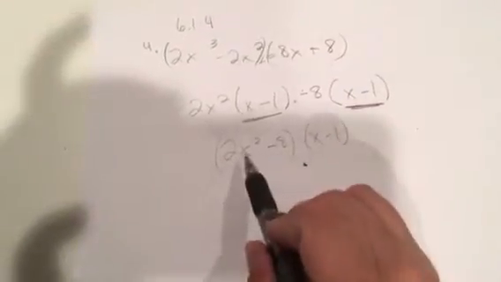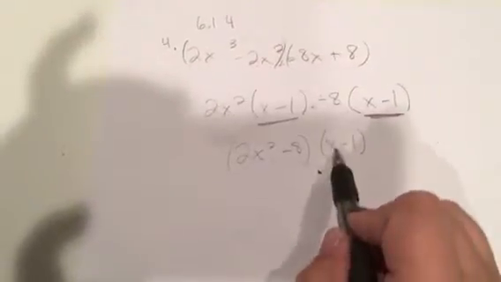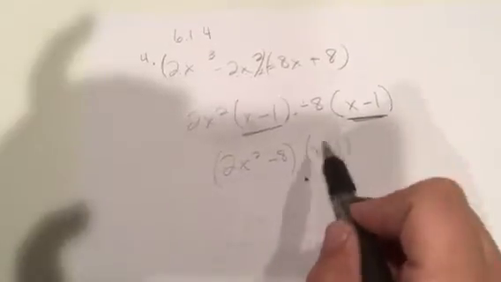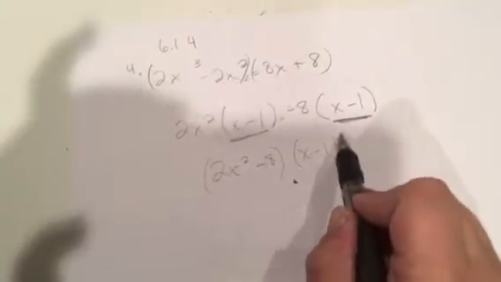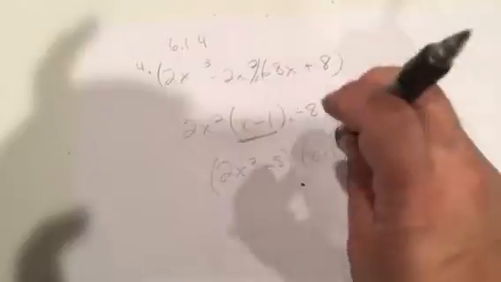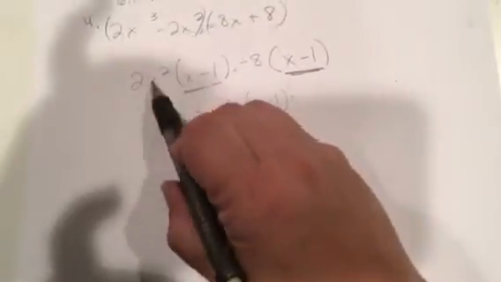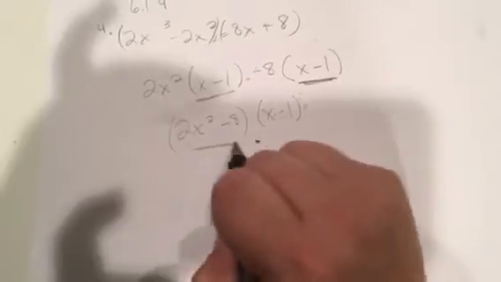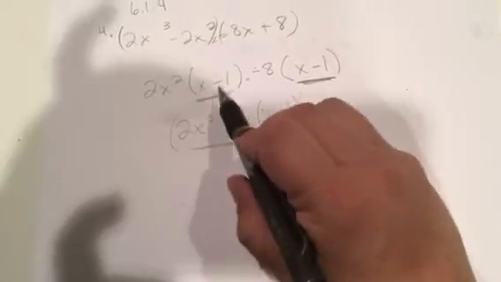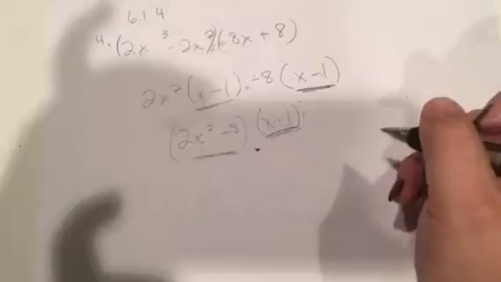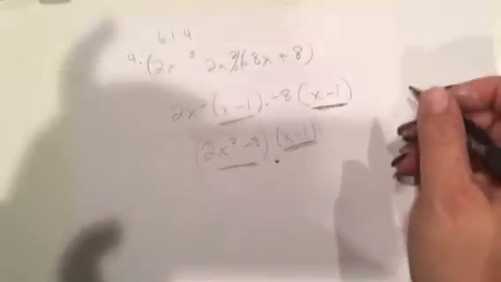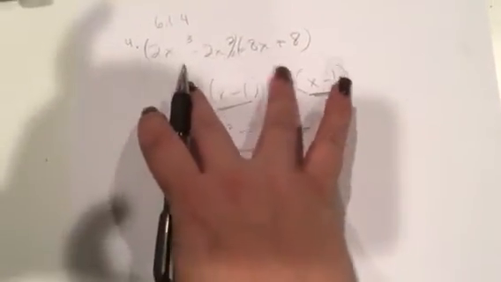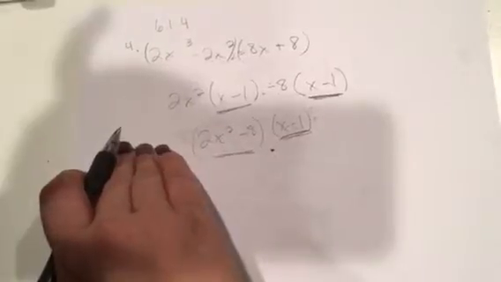We just talked about distributing. If I distribute this to this and this to this, I would multiply by this thing twice, but it doesn't mean it's squared. The bottom line is you take these two terms and make a binomial, and then this is one binomial. It's like undistributing, like we're taking these and putting them over here together. So that's factoring by grouping.